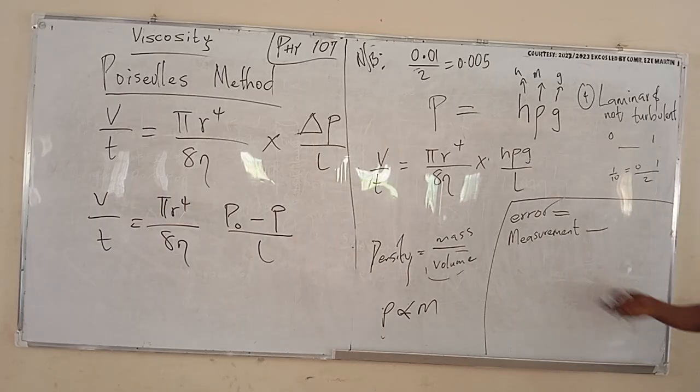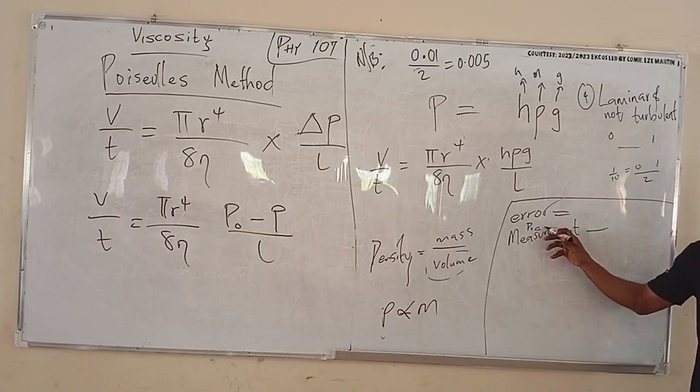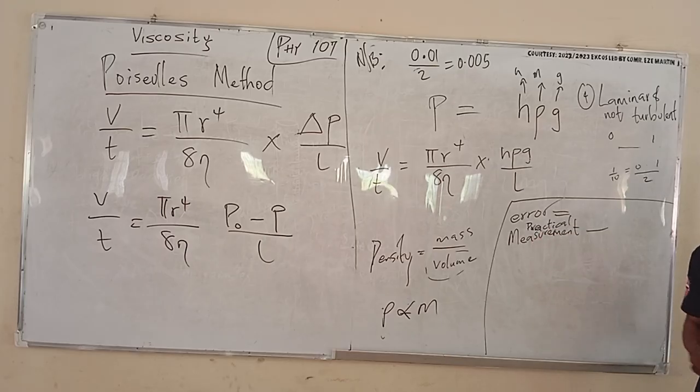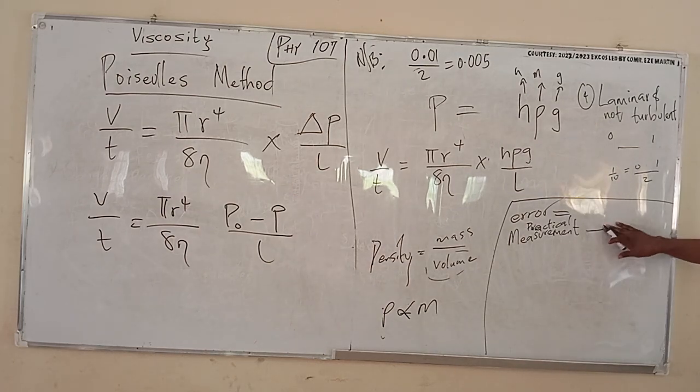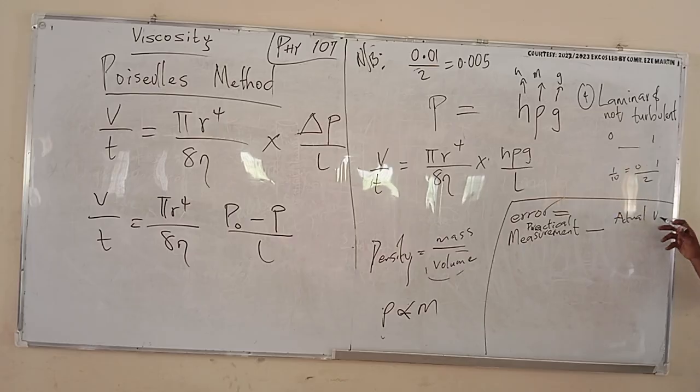And what is the actual value? Our practical measurements minus the actual value. This actual value that we are having here, when we talk about error, can be the standard error or whatever you are given.